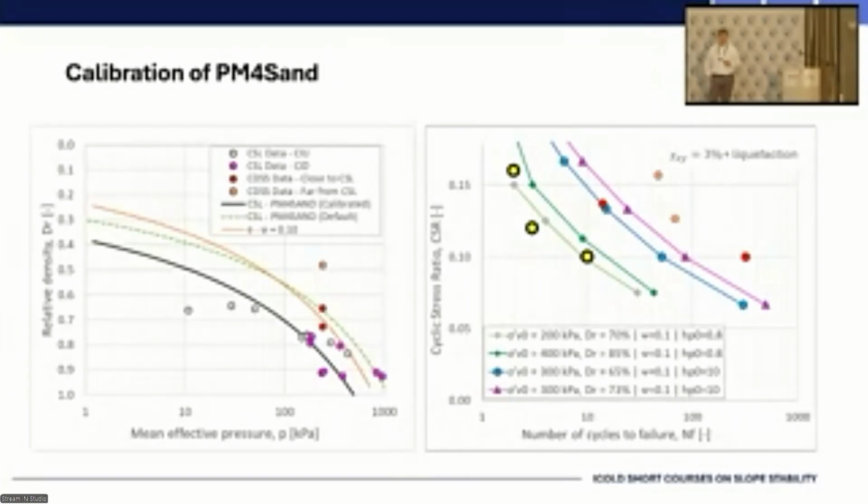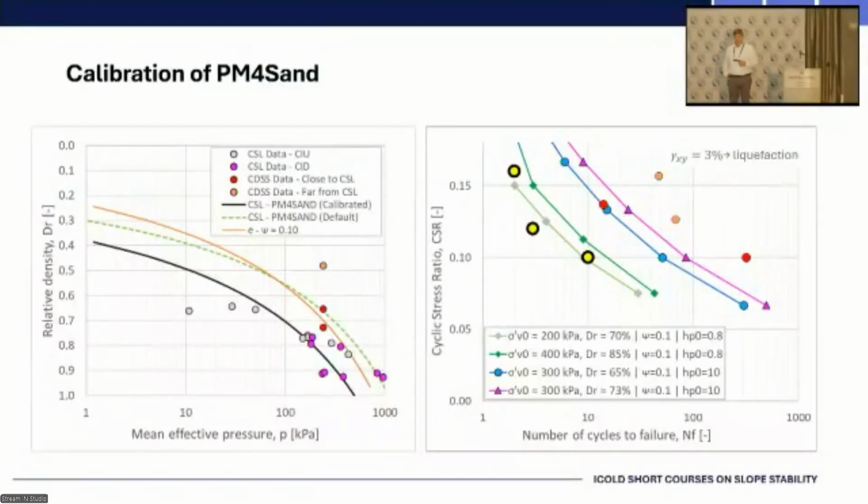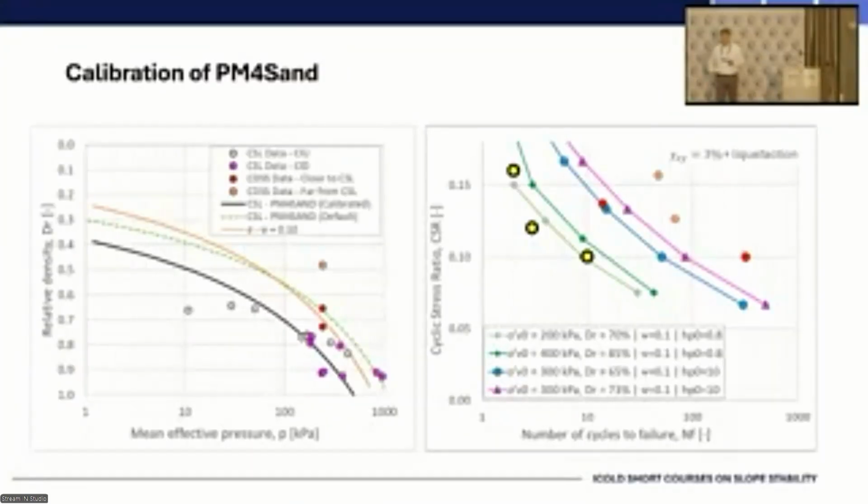You don't stay with the default parameters of PM4 Sand unless you can, which is not always the case. In our case, we use critical state line data from undrained isotropic compression tests, drained isotropic compression trajectory tests, all these trajectory tests, and cyclic direct simple shear. And you see that the critical state line of PM4 was moved out of the default value.